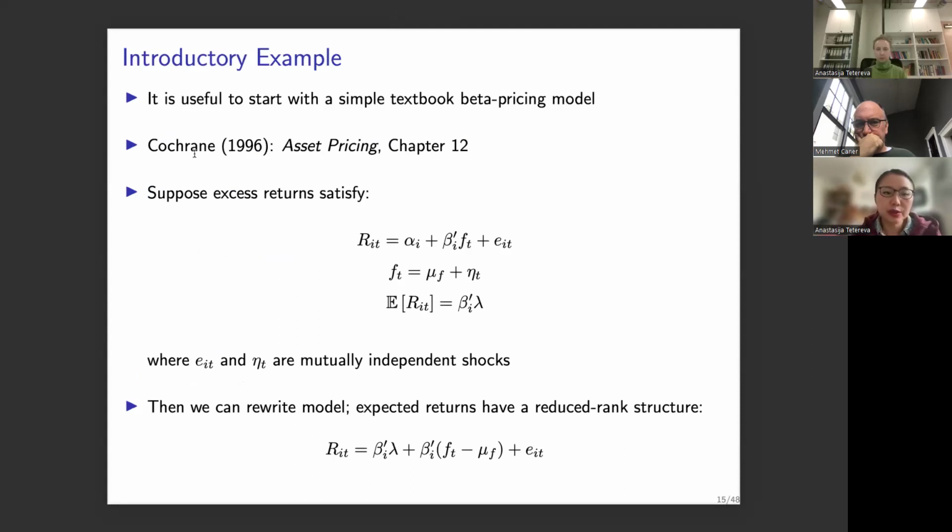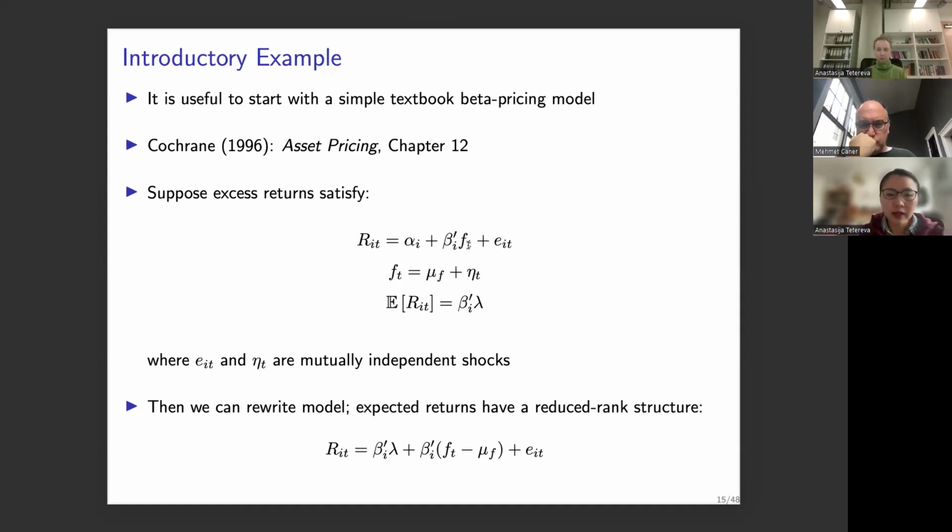So to do some more precise math, let's go to the introductory examples from a standard textbook. In the standard unconditional framework, we know that the returns are summarized by alphas and betas loaded on FT.